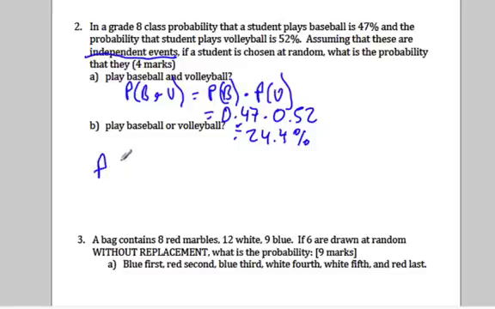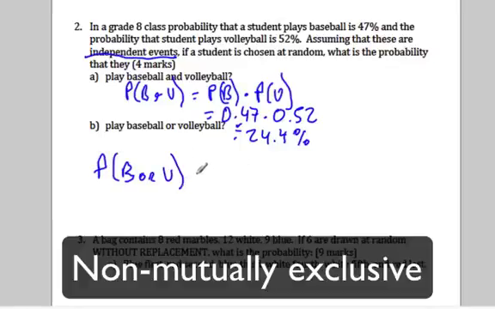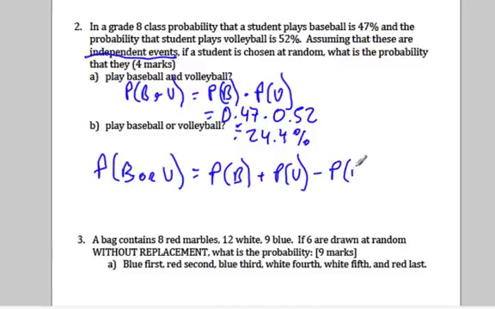So the probability that they play baseball or volleyball will be equal to the probability that they play baseball plus the probability that they play volleyball. And because people can play both volleyball and baseball, these are non-mutually exclusive events, so we have to subtract off the probability that they play baseball and volleyball.